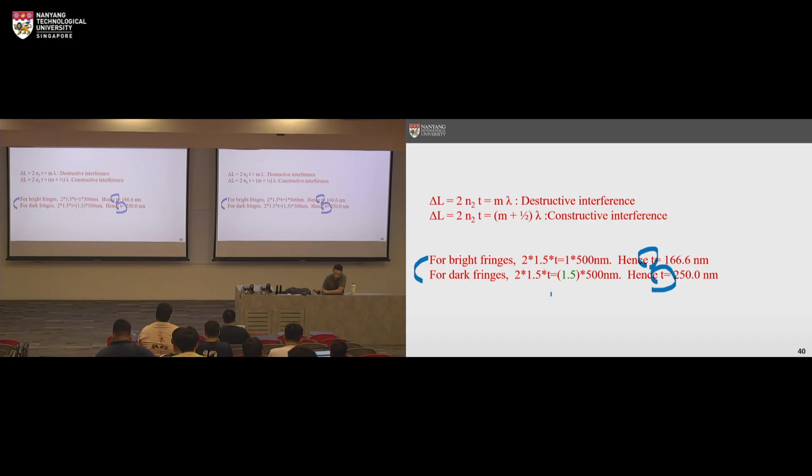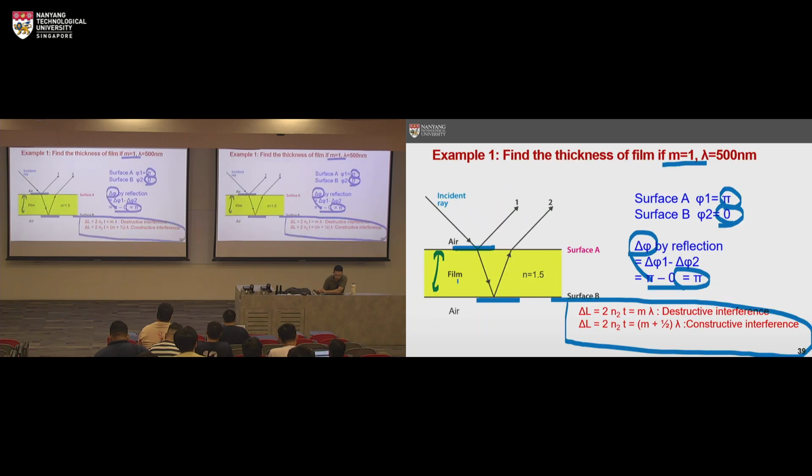Okay, I just want to remind you one more time: in this 2nt, the n and t are tied to each other. If your t is this part, your n also should be this part. On the final exam, many students know how to write 2nt equals m lambda, but they usually put the n value, either of the air or I don't know why, somewhere else.